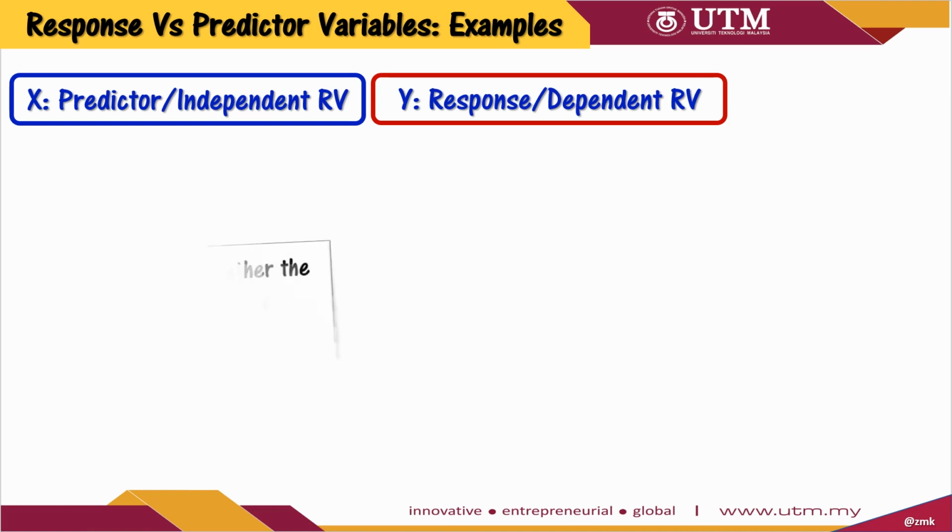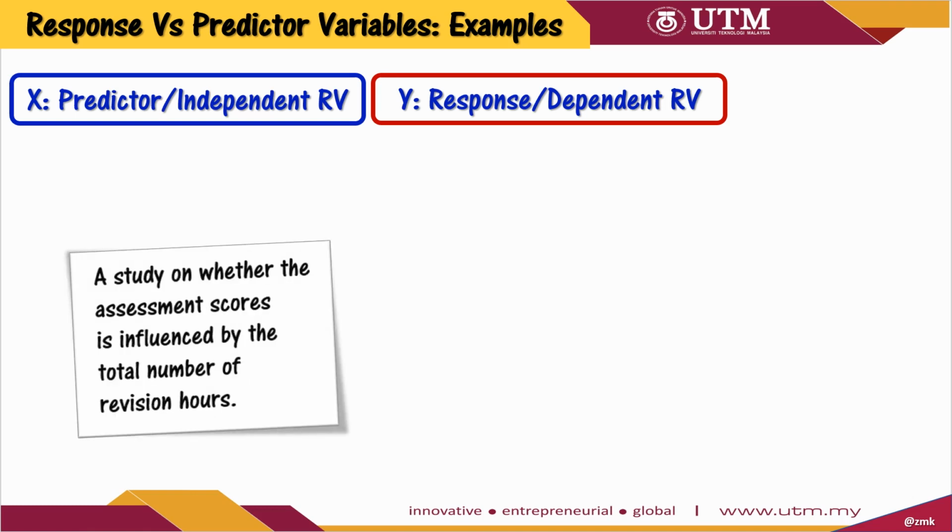In a study on whether the assessment scores is influenced by the total number of revision hours, you should see that the assessment scores depend on the total number of revision hours.